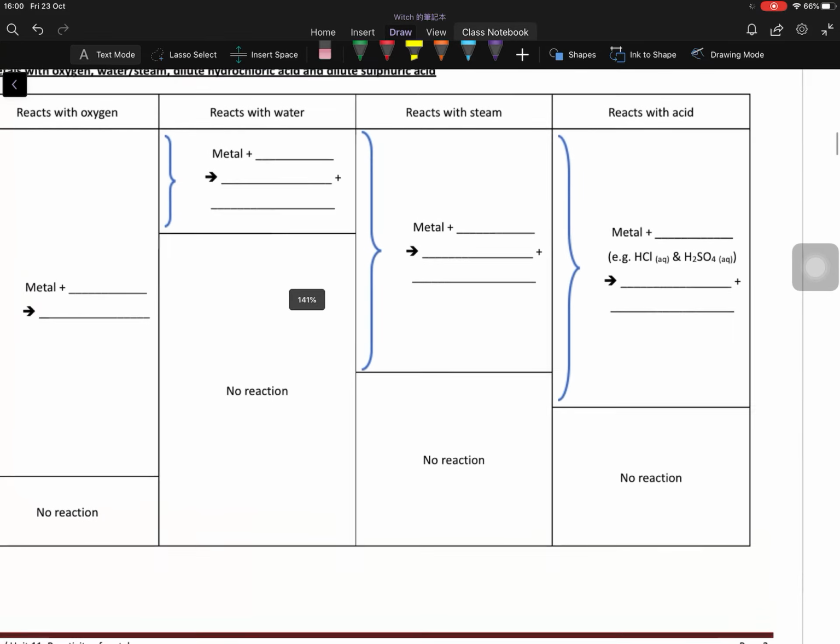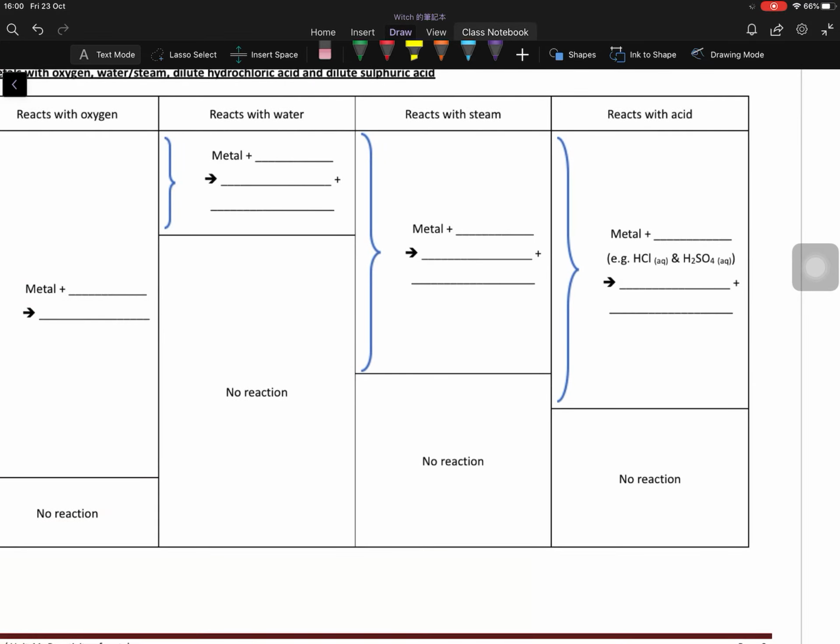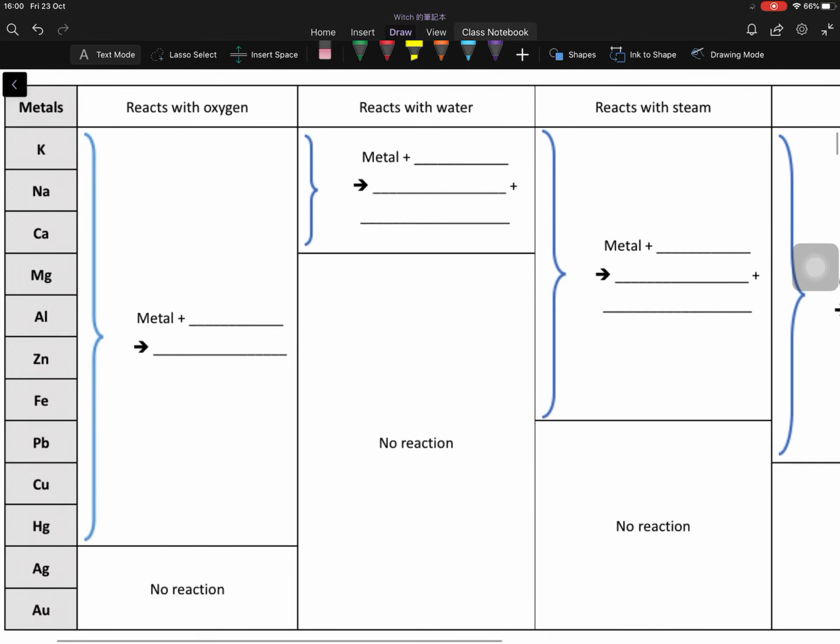Alright, so last time we came across what happens when metal reacts with water. For metal reacting with water, they will form metal hydroxide and hydrogen.